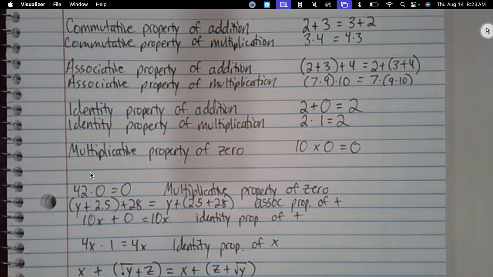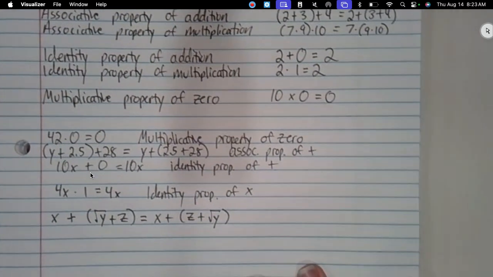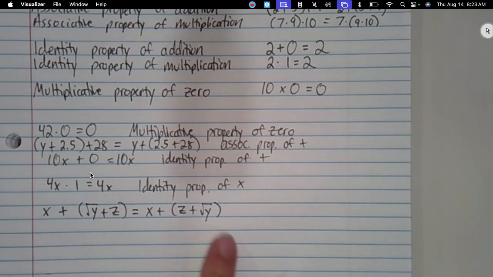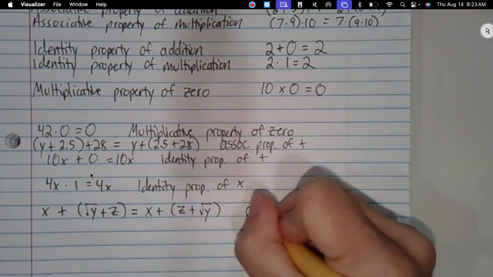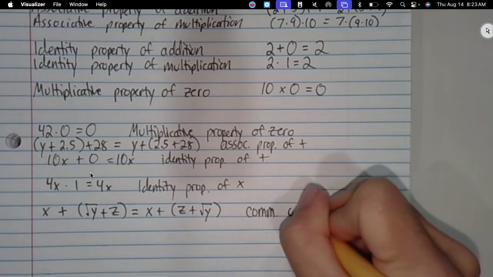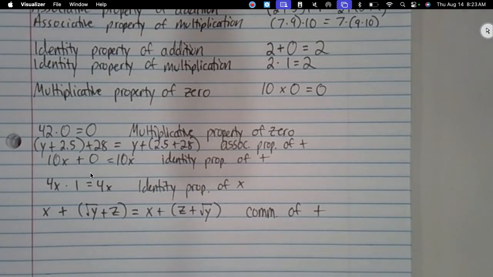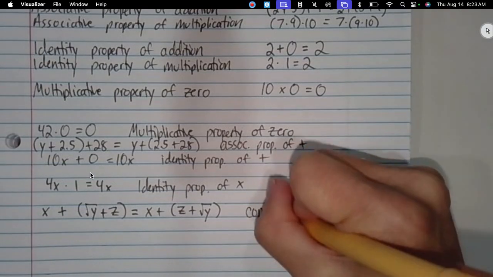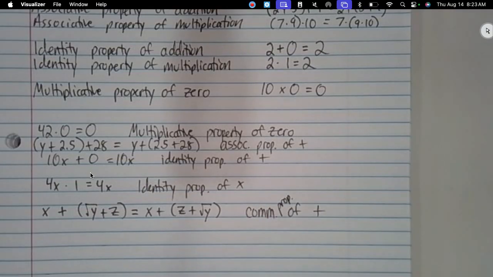Do y'all see that the parentheses stayed where they were? What moved? The z and y, those numbers or variables. So what is it when they move around? Commutative property of addition, since I'm adding. How is that?